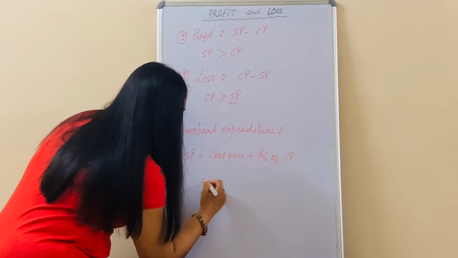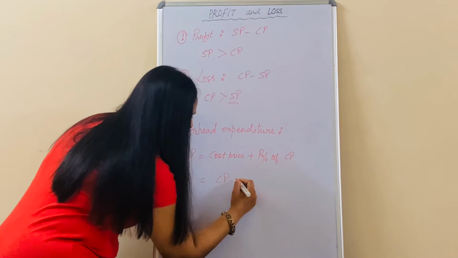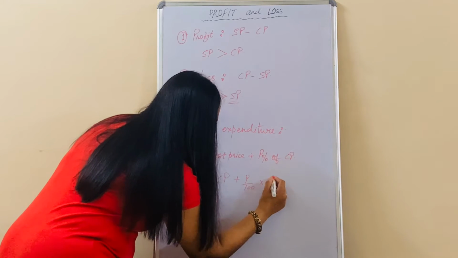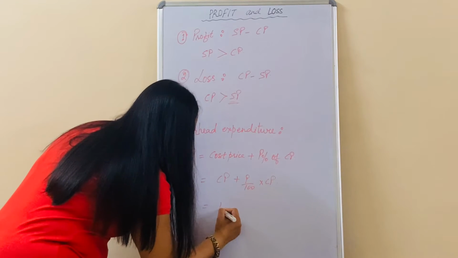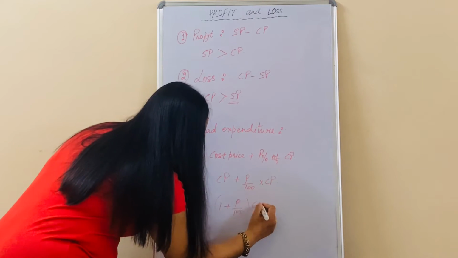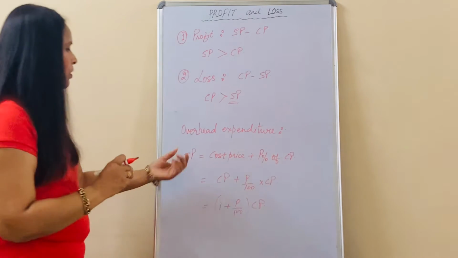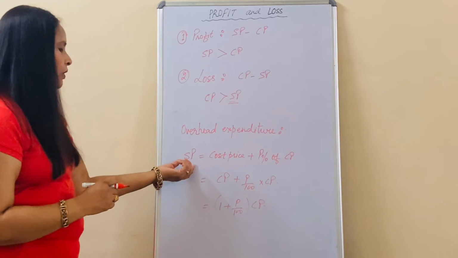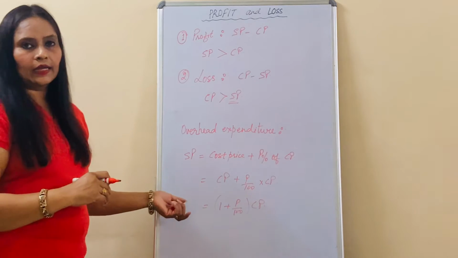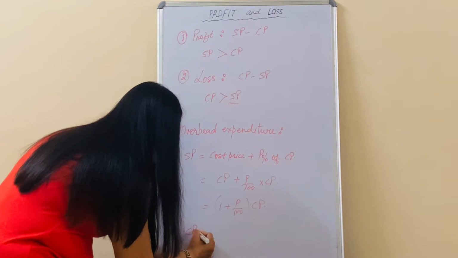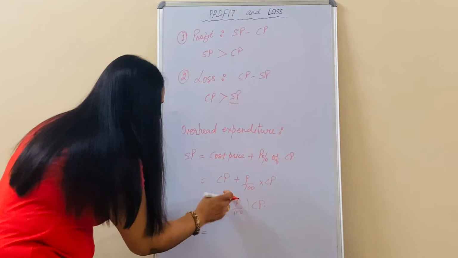It can be further written as CP plus P upon 100 into CP. Simplifying it, we will get 1 plus P upon 100 into CP. So, knowing the values of CP and profit percentage, we can calculate the selling price of that article.